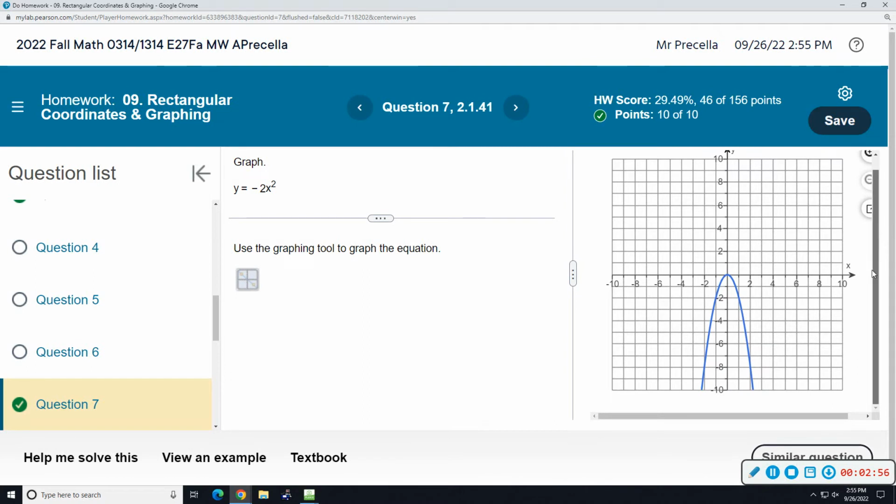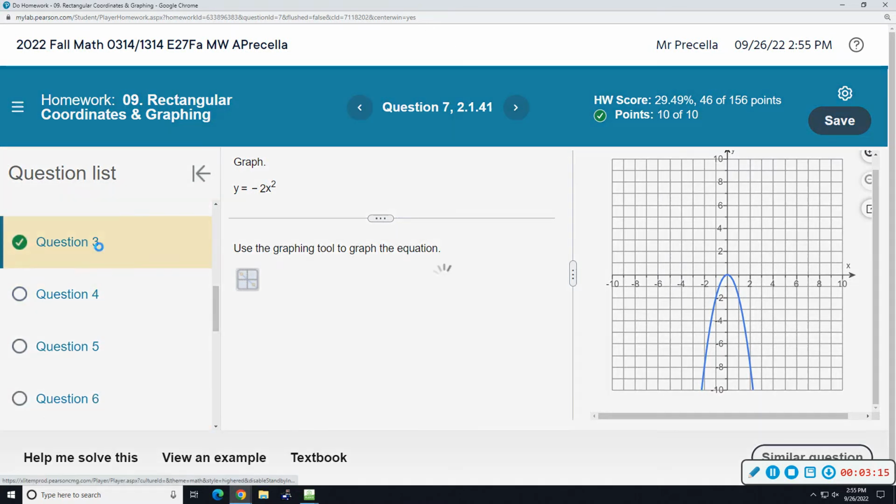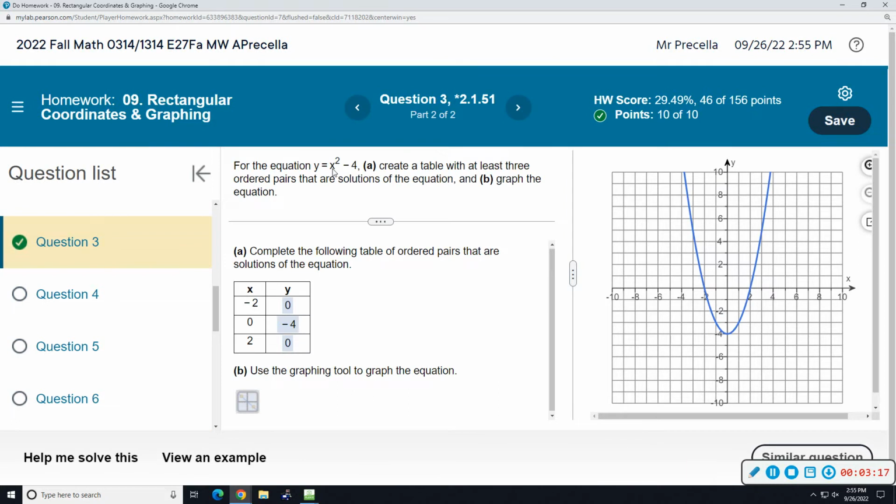Notice something. Looking at the equation, what's the leading coefficient? -2, and specifically it's negative. When the coefficient of x squared is negative, you expect your U to open down. Whereas when the coefficient of x squared is positive, if it's a +1, you expect the graph to open upward.